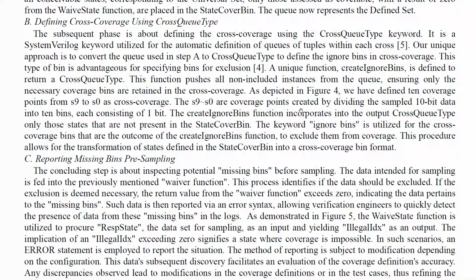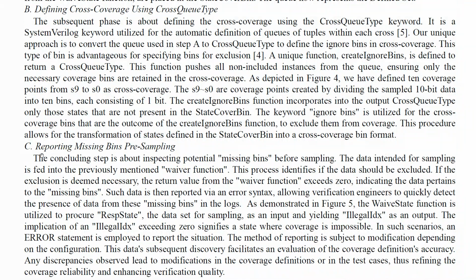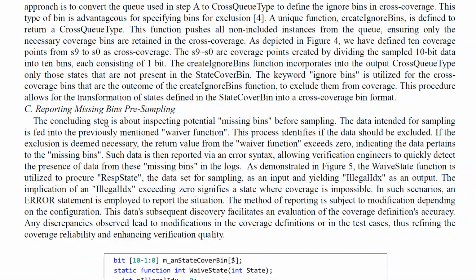This procedure allows for a transformation of the states defined in the state cover bins into cross coverage bin format. C. Reporting the missing bins pre-sampling. The concluding step is about inspecting the potential missing bins before sampling. The data intended for sampling is fed into the previously mentioned waiver function. This process identifies if the data should be included.